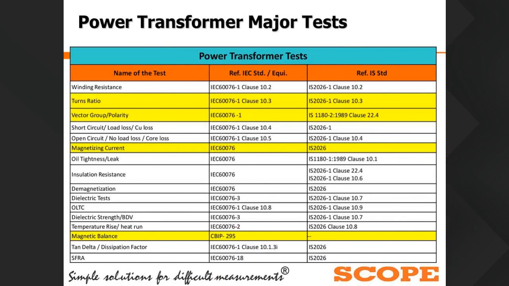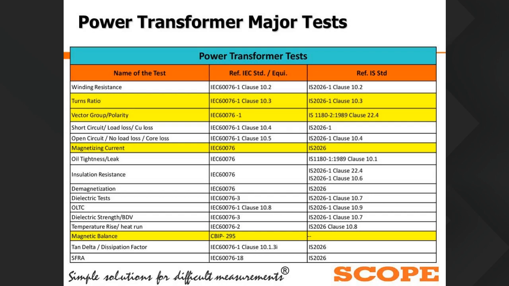Here I have given a summary about the major tests that we need to carry out on a power transformer. Here you can see the name of the test. After that, I have given a reference IEC standard with its clause and a reference IS standard with its clause. These are the basic, major and important tests that we need to carry out on transformers, that is power transformers and distribution transformers.